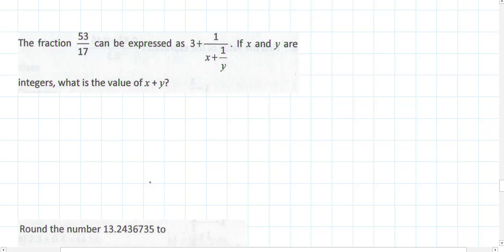The fraction 53 over 70 can be expressed as this expression, and if x and y are integers, what is the value of x plus y?